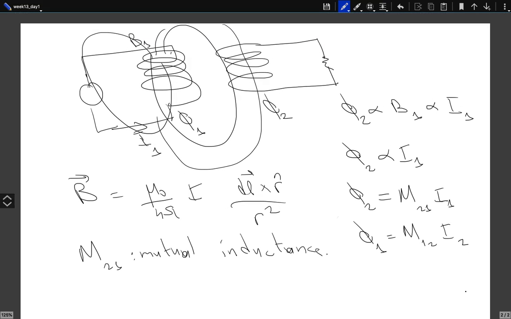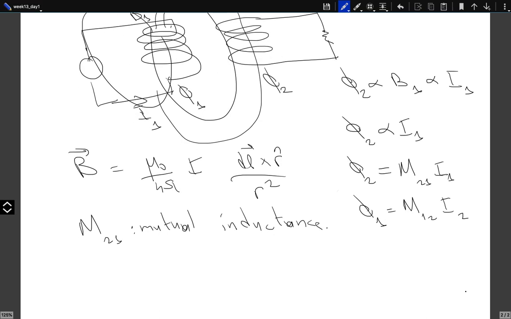Well, you see, let's first make some definitions. Then we can look at how to use them. Let me, if you like, put phi 2,1 and phi 1,2. Phi 2,1 is the flux created in the secondary coil due to the current in the first coil. Phi 1,2 will be the flux created in the first coil due to a current in the second coil.